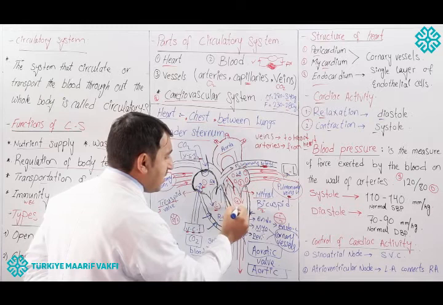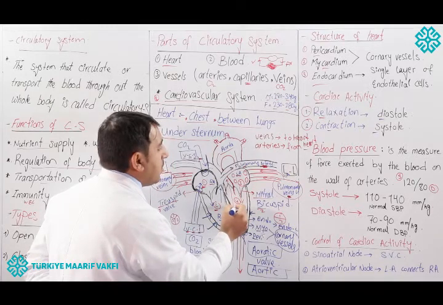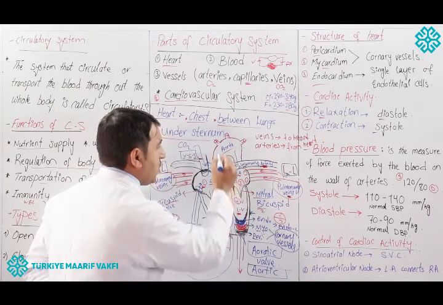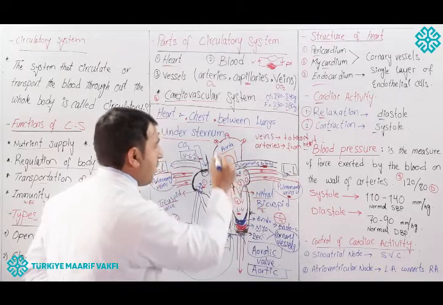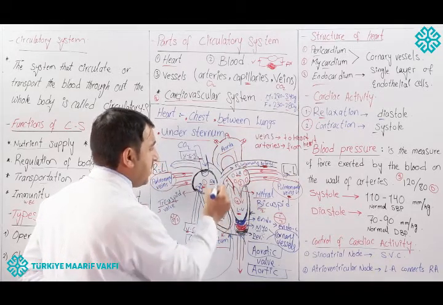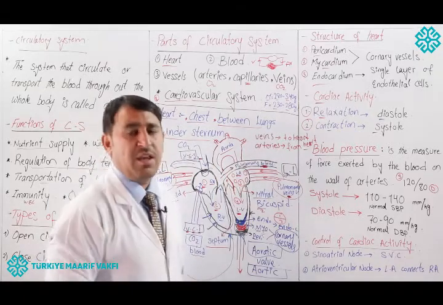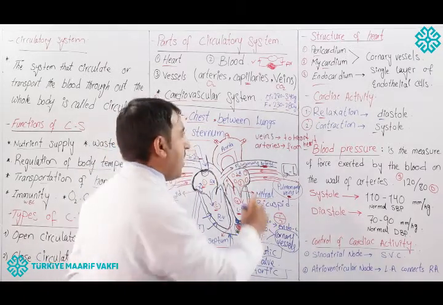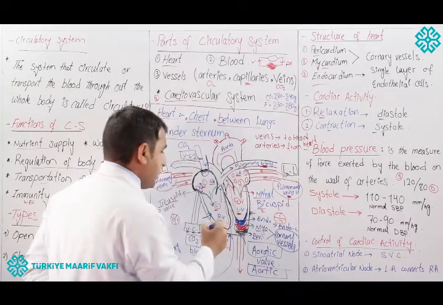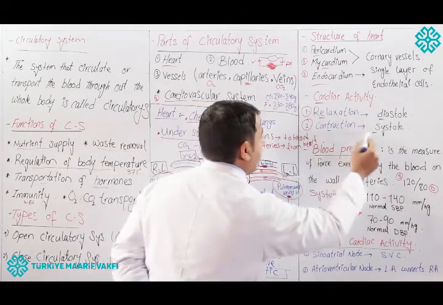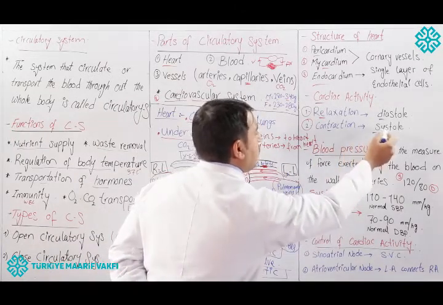When they contract, the oxygenated blood is sent to the whole body through the aorta, and deoxygenated blood is sent to the pulmonary or lungs. So we can say it is the contraction state or the systole state.